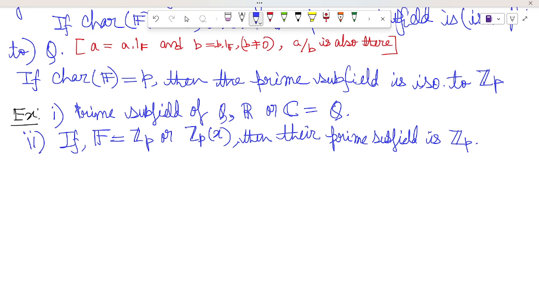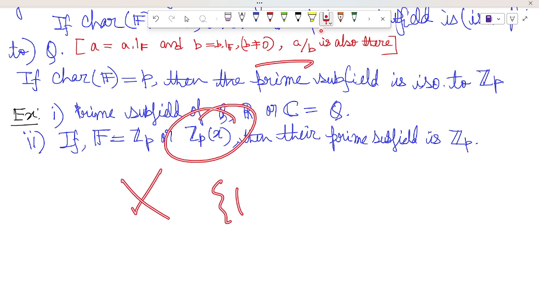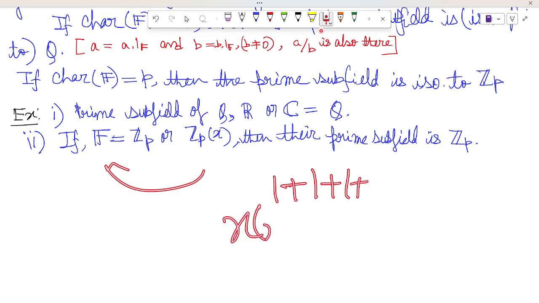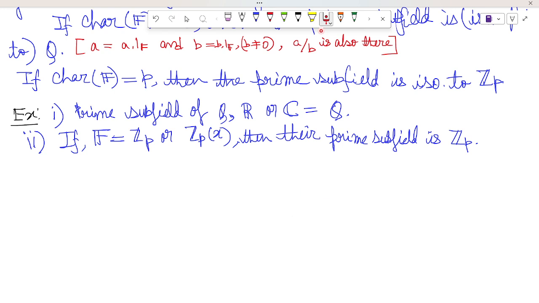Because in Z_p(x), the polynomials don't matter; only the scalar 1 matters. So if you add 1, you will get the same Z_p elements, because ax, x squared don't matter here. We need only consider 1, which is a scalar. So that will also be Z_p. Okay.